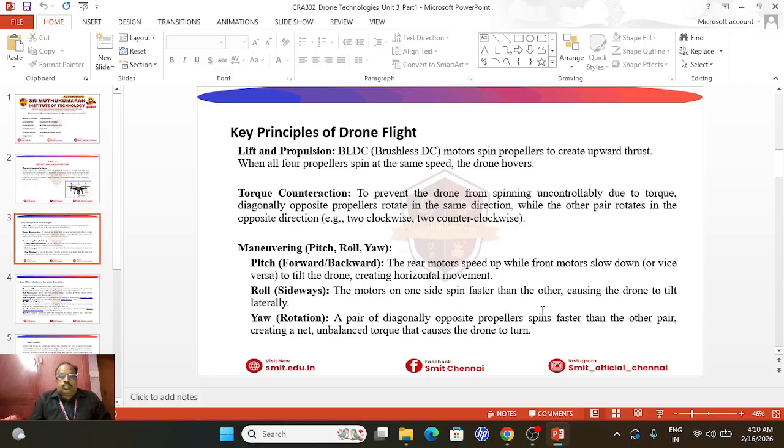Yaw is the rotation concept: a pair of diagonally opposite propellers spins faster than the other pair, creating a net unbalanced torque that causes the drone to turn. So the drone flight works based on these operations and principles.